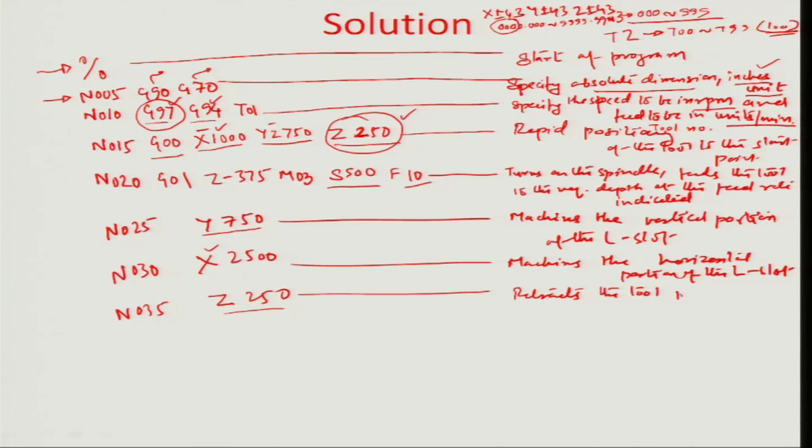So this actually retracts the tool to 0.25 inches above the part surface, and then finally the tool needs to now get retracted to a point where it doesn't interfere with any of these workpiece features.